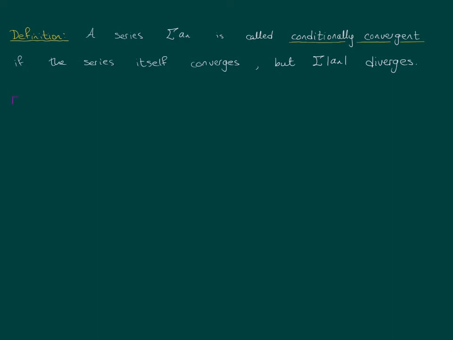Example. So this example has a name, the alternating harmonic series. And we've seen this very recently. It was this series from the first example, example B, sum of (-1)^(n+1) over n.